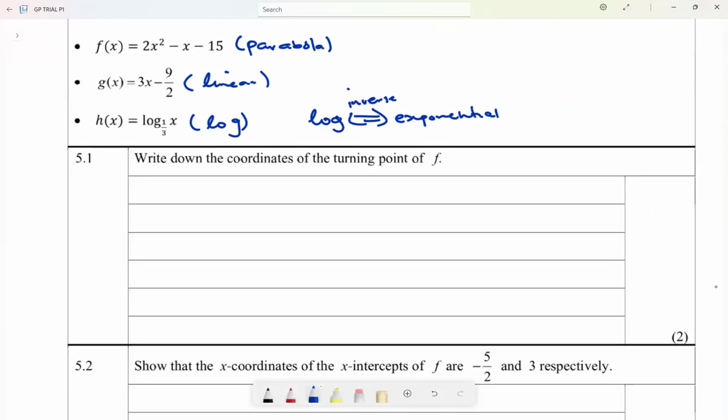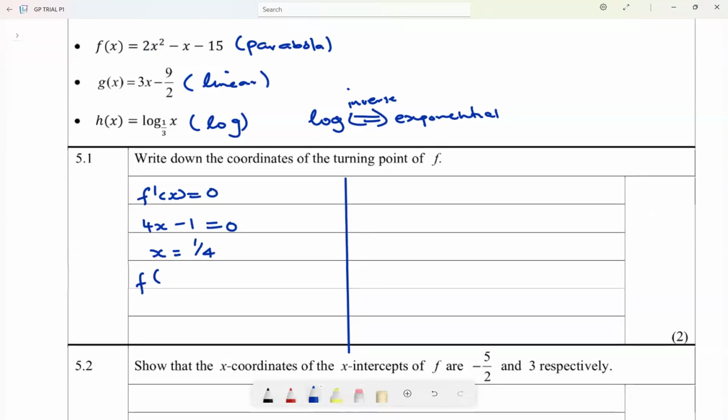So write down the coordinate of the turning point of f. Okay, we know, guys, for the turning point, I can use f prime of x is equal to 0. I'm going to show you 2 steps. At the turning point, the derivative is equal to 0. So the derivative of f is 4x minus 1, it is equal to 0. And then x is going to be equal to 1 divided by 4.